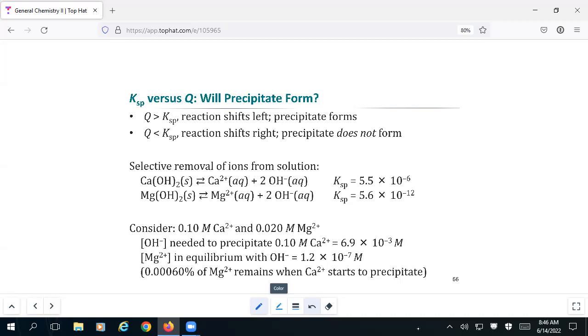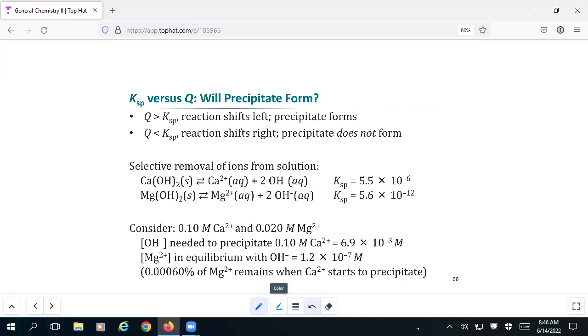So take, for example, the difference between calcium hydroxide and magnesium hydroxide. Calcium hydroxide we consider to be a strong base. However, we know that its solid is not the greatest at dissolving in water. It dissolves. When it dissolves, it gives a really robust pH.